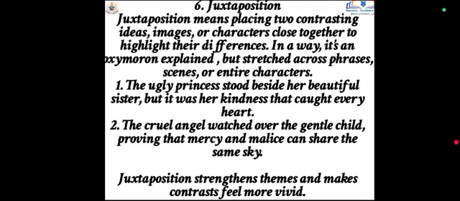The cruel angel watched over the gentle child, proving that mercy and malice can share the same sky. Juxtaposition strengthens theme and makes contrast feel more vivid.